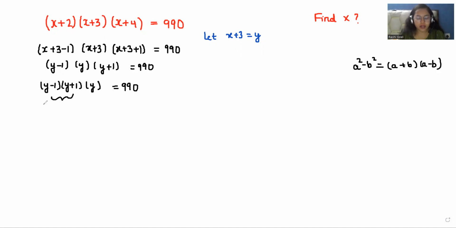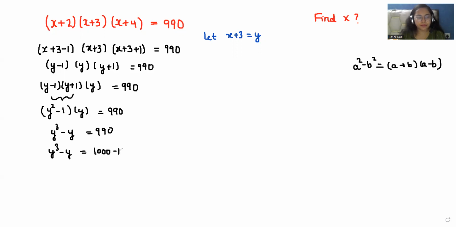So I can write it as (y square minus 1 square, that is 1) y is equal to 990. So if I multiply, y cube minus y is equal to 990. So y cube minus y, I can write 990 as 1000 minus 1.